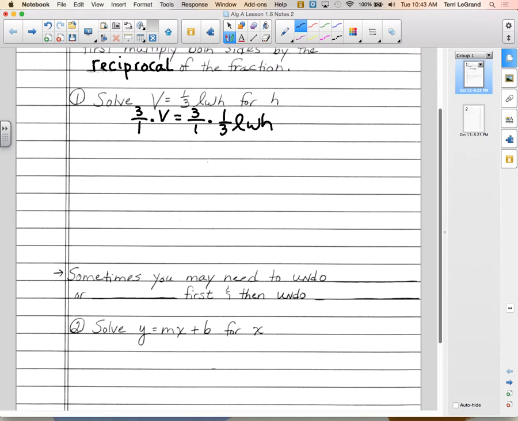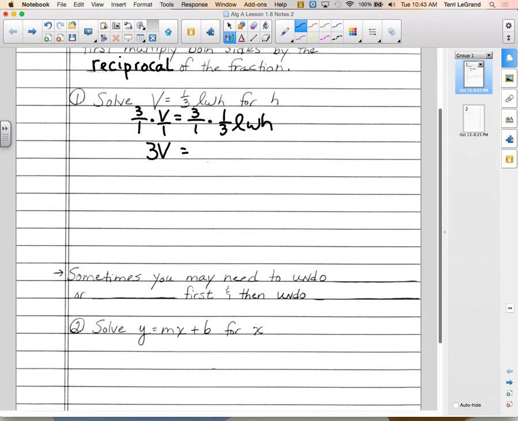Now, we can make volume into a fraction also by putting it over 1. Because what do we do when we multiply fractions? We multiply across the top and across the bottom. So what's the left side become? What's the left side of our equation become? 3V. Do we have to keep it over the 1? No, because something divided by 1 is just itself anyway. So we can ditch those 1s that would be downstairs.